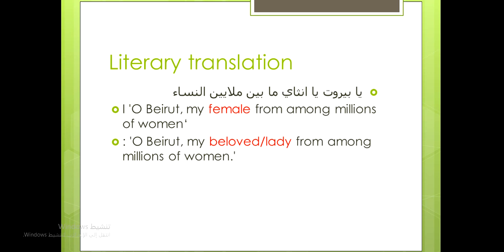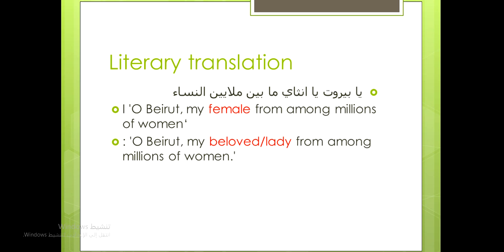Nizar Qabbani said in Arabic, يا بيروت يا أنثاي ما بين ملايين النساء. Now let's focus on the word أنثاي. When it's said in Arabic, it has a positive connotation, and it may show the delicacy of the poet.